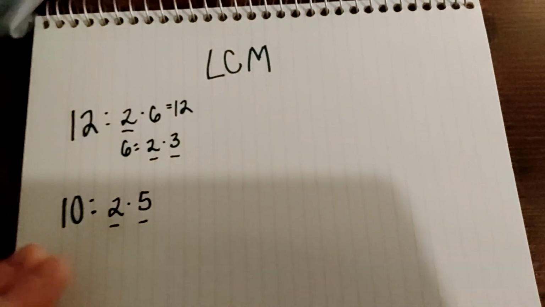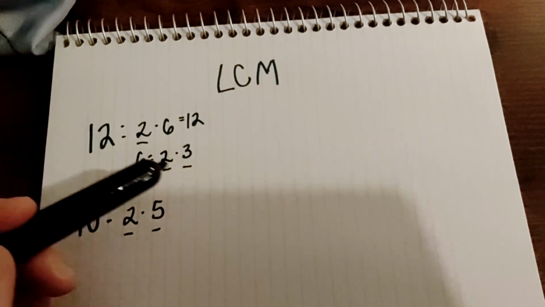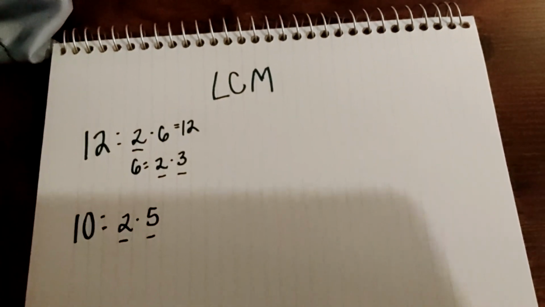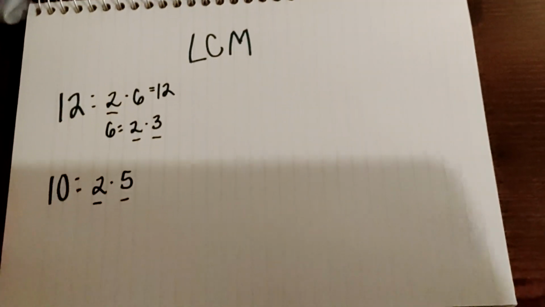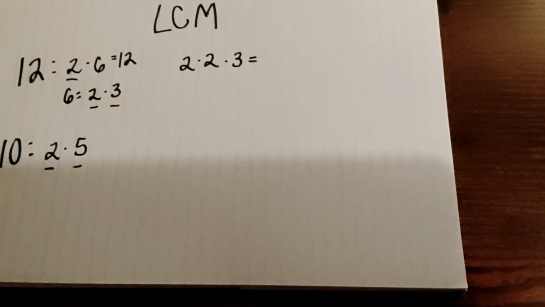Now, we're going to take the highest power of each prime number that we found and multiply them together to find our least common multiple. So we're going to say 2 times 2 times 3 equals 12.